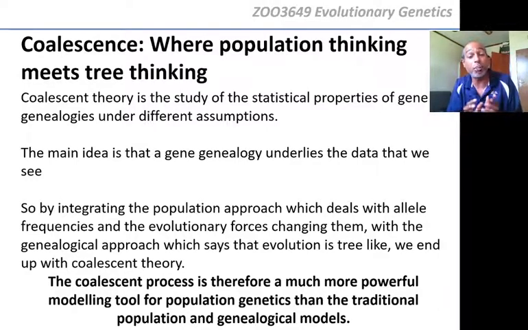And the genealogical methods I'm talking about are the tree building methods that we talked about in the last lectures. They are both excellent methods, but we want to combine the two to give you coalescence, which is an even better method than both of them by themselves.